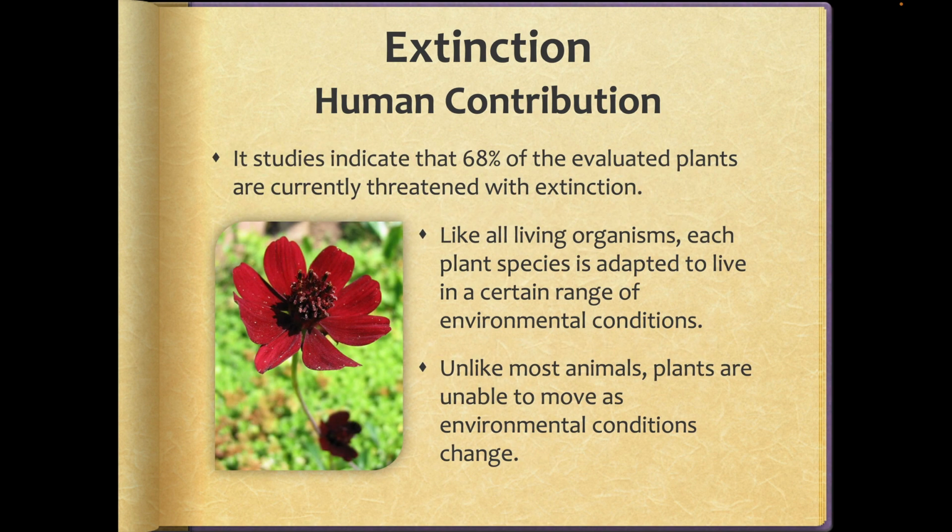The studies indicate that 68% of evaluated plants are currently threatened with extinction. Like all living organisms, each plant species is adapted to live in a certain range of environmental conditions. Unlike most animals, plants are unable to move as the environmental conditions change.